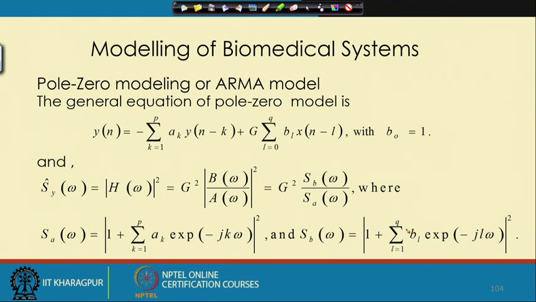The ratio of the corresponding spectra S B and S A can determine it. We have given below the expressions of S A and S B. So, that is the starting point in short.